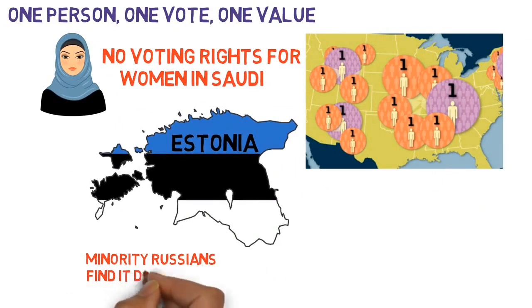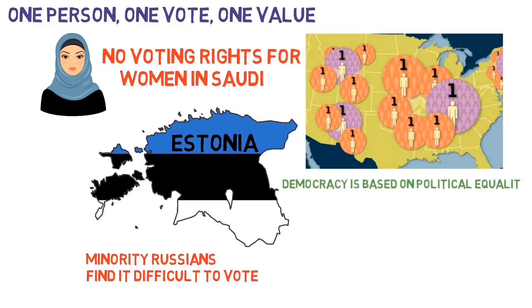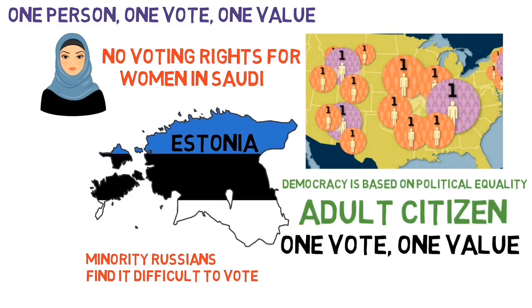Democracy is based on one fundamental: political equality. It says that every adult citizen should have the right to vote, and that one vote should have one value. This was our third feature.